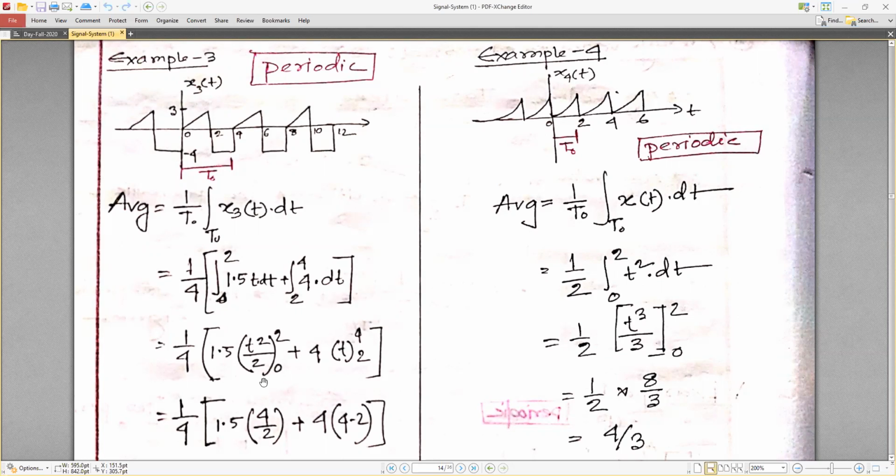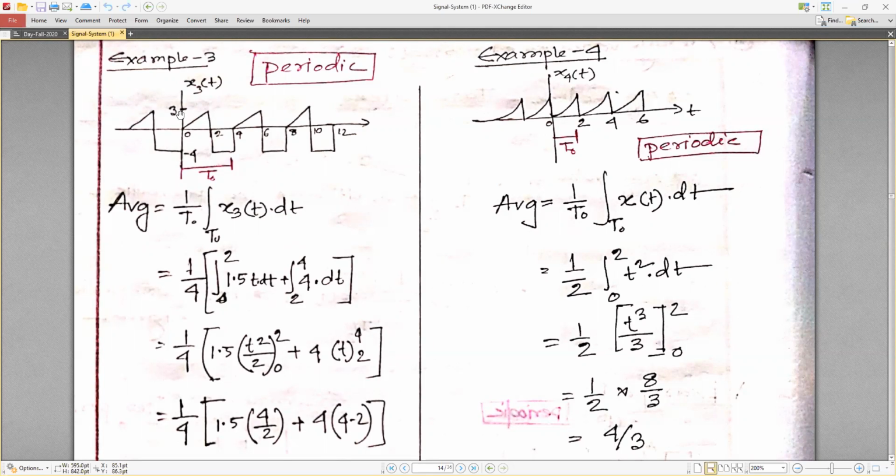And here is the value they considered. The amplitude is 4. See, here amplitude is 4. Here amplitude is not minus 4 and plus 3.